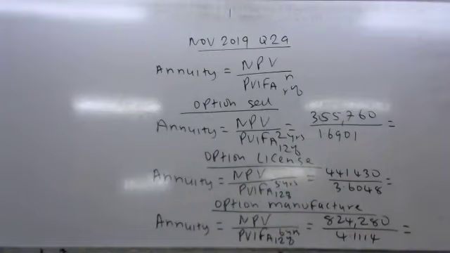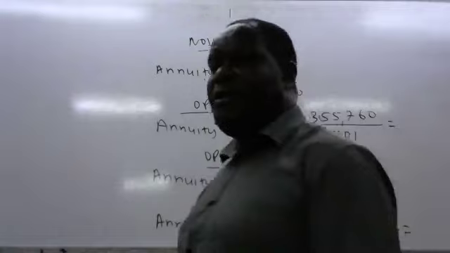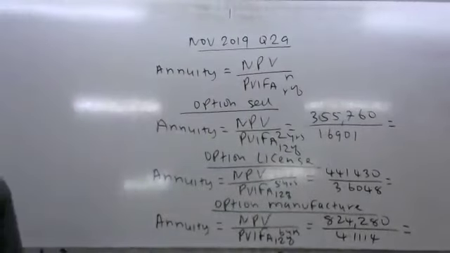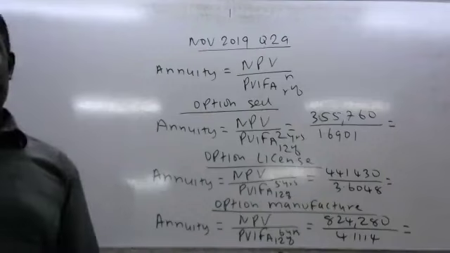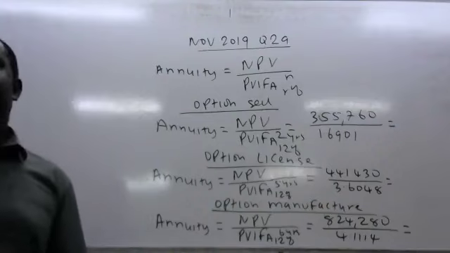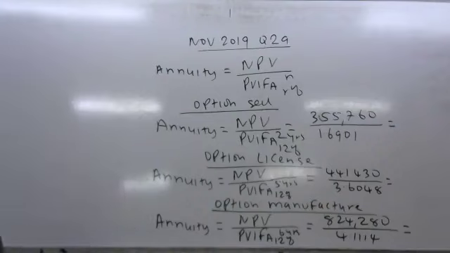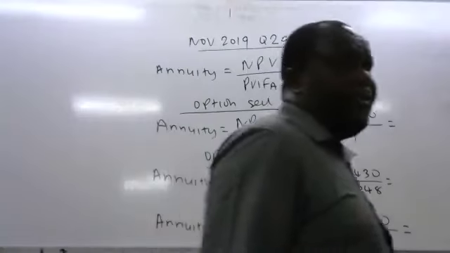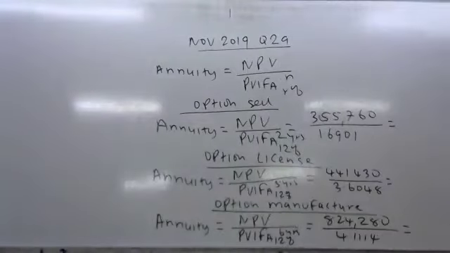So that is now how you are to compute the annuity, how to come up with the annuity for those 3 options. So we shall be picking the one with the highest annuity. To go to the Roman letter 3, we pick the one with the highest annuity.